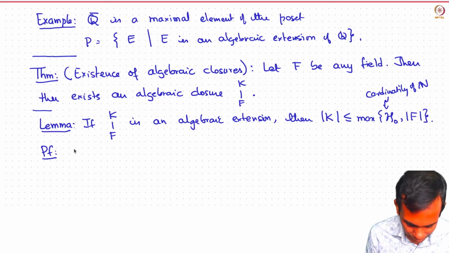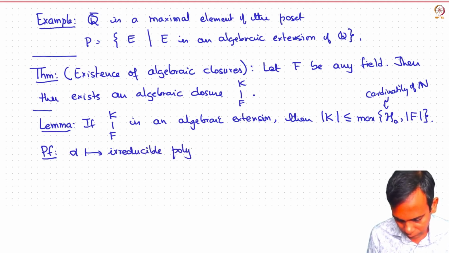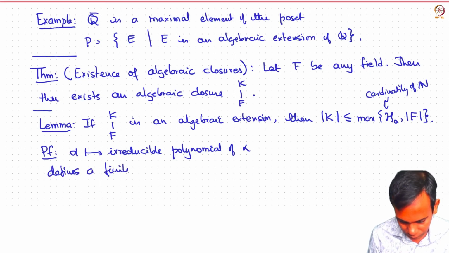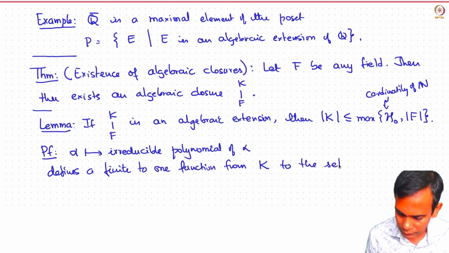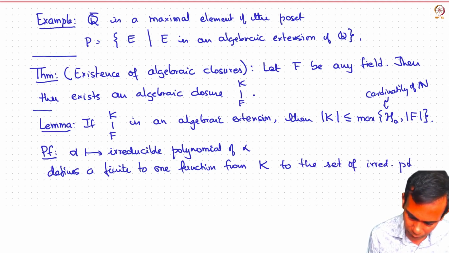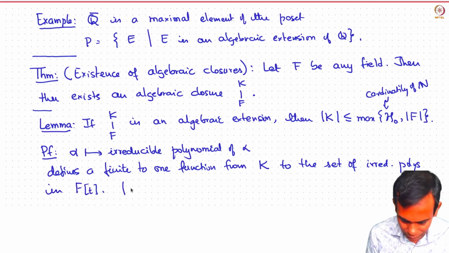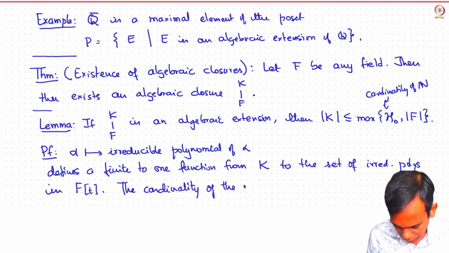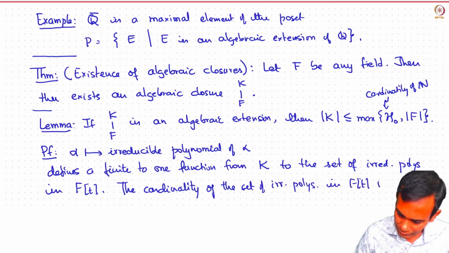So basically, if you take an element alpha in K and send it to the irreducible polynomial of alpha, this defines a finite to one function from elements of K to the set of irreducible polynomials in F[t], and the cardinality of the set of irreducible polynomials in F[t], you can show quite easily, is this number here.